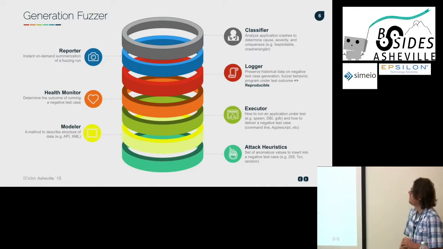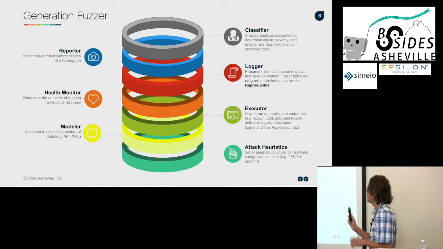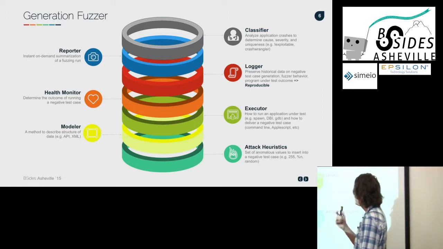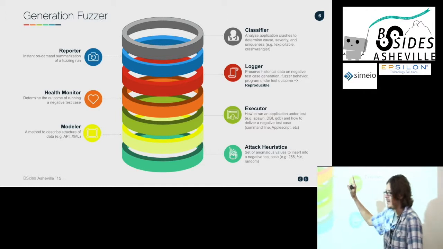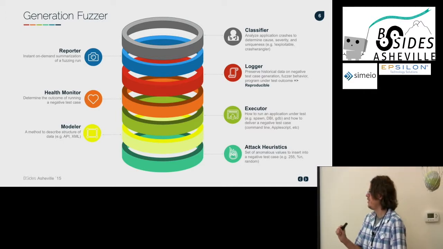So Dave Aitel from Immunity, I think it's Immunity, in 2002 wrote a paper on the advantages of block-based modeling. The whole gist of it is, let's take a modeler and embed it into this whole stack. So what you're going to do is describe the data format and where to put the anomalous data.